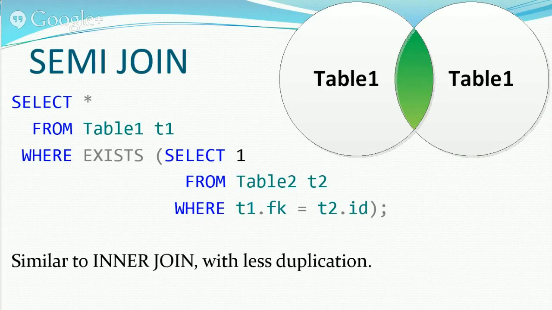However, what comes out different with the semi-join versus the inner join is that you're only getting columns back from table 1. You're not getting any of the columns back from table 2. And you're only getting those distinct rows back from table 1. So if a row from table 1 matches up with multiple from table 2, you're not getting multiple rows in that case. You're only getting single rows.